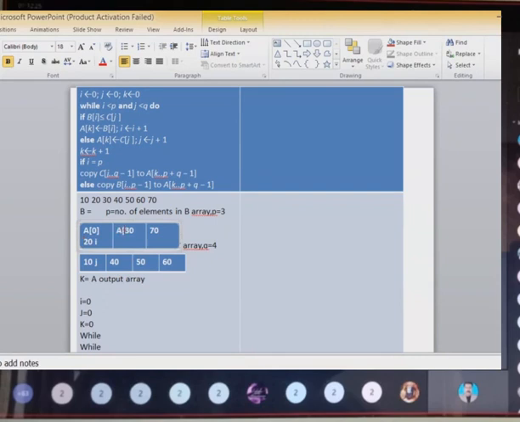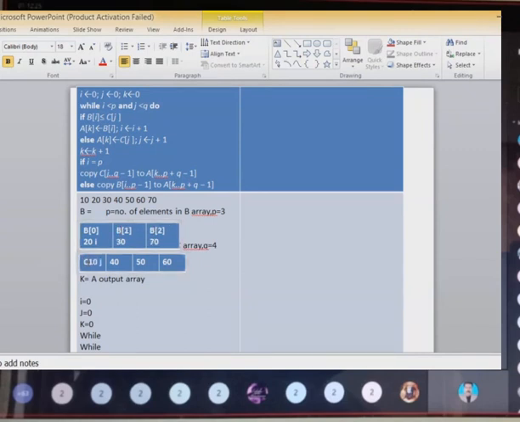Next, A of 1. Now, this is B array. Name of the array is B of 2.